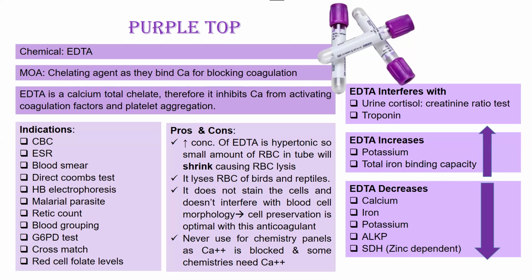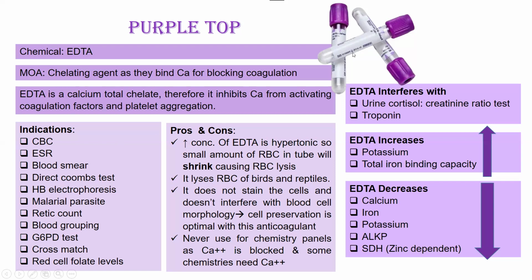Now there are some comments on this purple top tube. There are some advantages and disadvantages. The first disadvantage is an increased concentration of EDTA. For example, the purple top tube requires 5 ml blood to be placed inside the bottle, but you place only 1 ml blood.